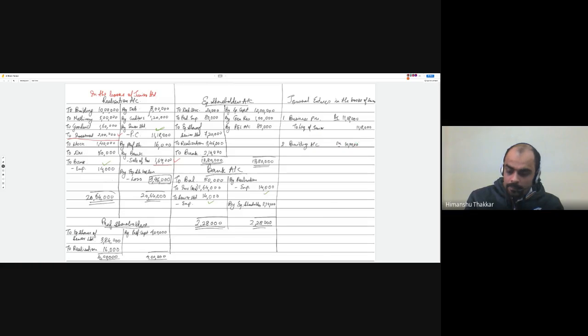Then comes machinery account. New values, in case not given, then take the old values. Stock account debit 1,24,000. Debtors account 50,000.